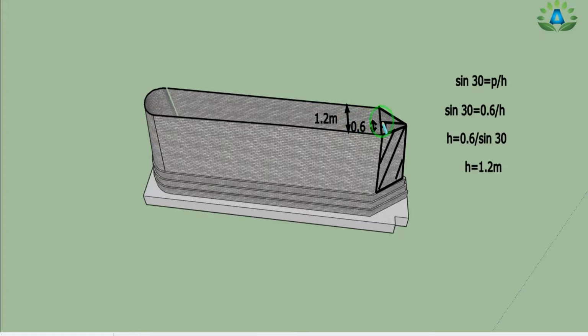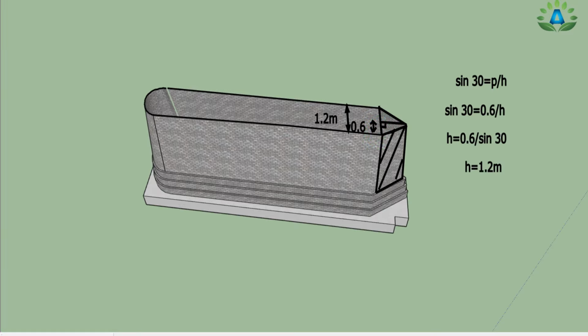Since this is a midpoint, we have to find this inclined portion length. So we have sine 30 equals P by H, in which our perpendicular length is 0.6, and we have to calculate the hypotenuse. So we will get the hypotenuse as 1.2 meter, that is our inclined length is 1.2 meter.